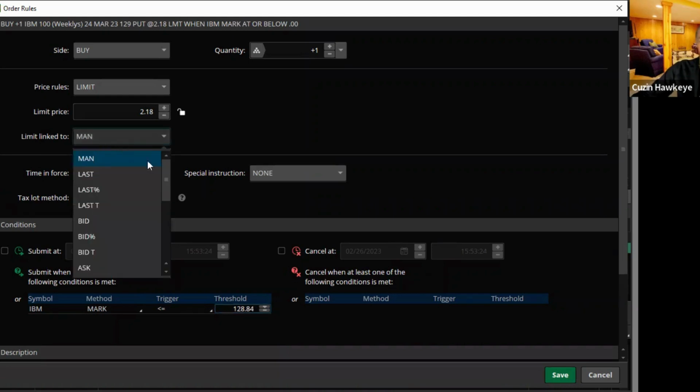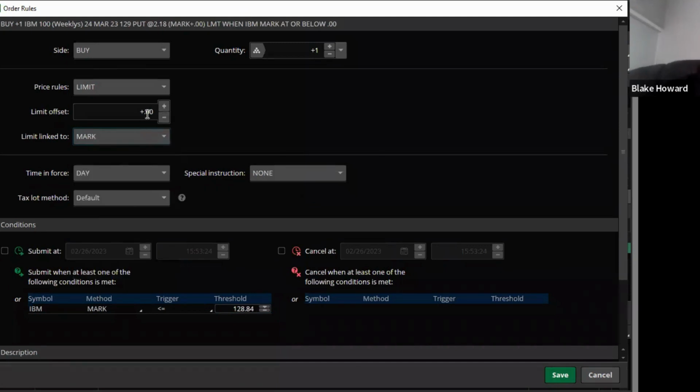Click that down, and we are going to go down to market, M-A-R-K. Gotcha. Now it got rid of that and the zeros. So that's telling us that we're going to get into this trade if it gets to 128.84 or less, within a couple of cents, one way or the other. You with me?